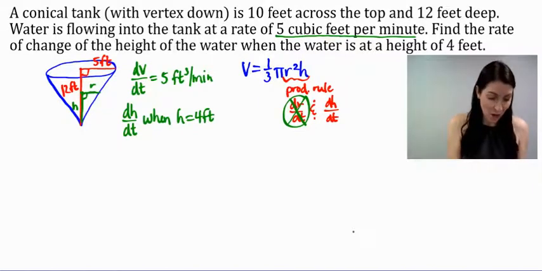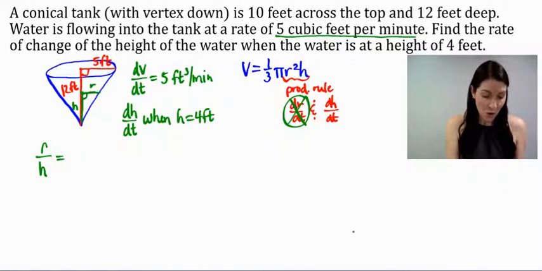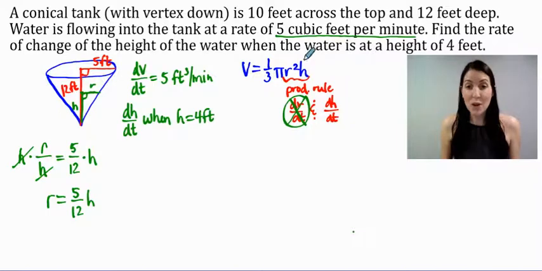So the ratio of the radius divided by the height in this cone will always be 5/12. By solving for r, simply by multiplying both sides by h, you can see that the radius will be 5/12 times the height. That's what we are going to replace r with over here. So let's go ahead and do that.